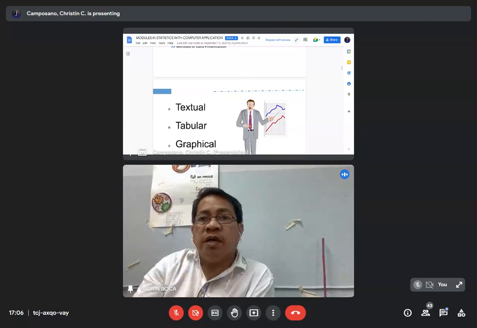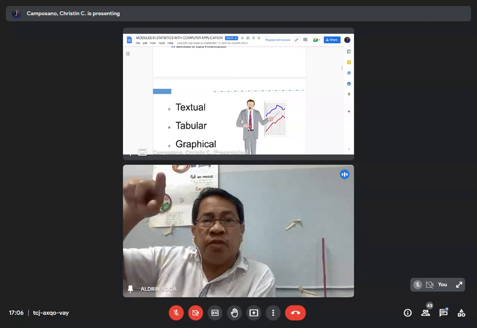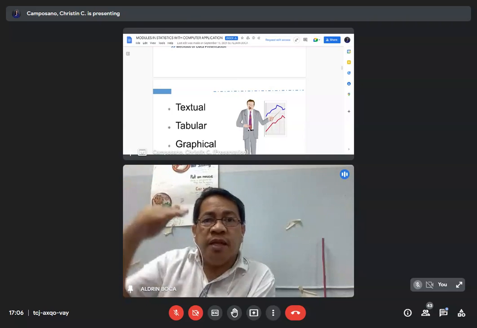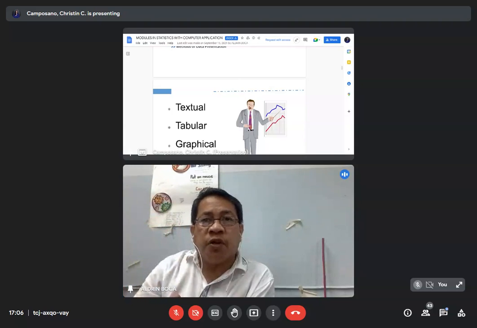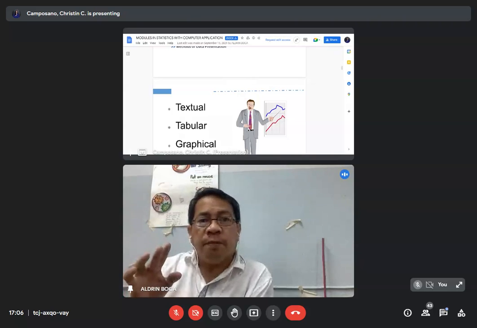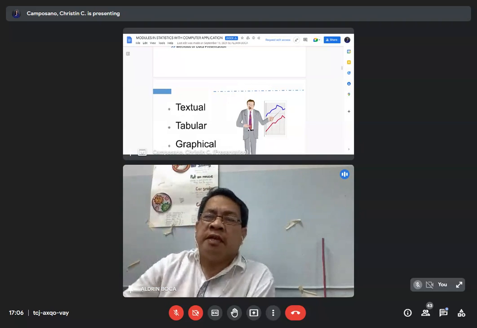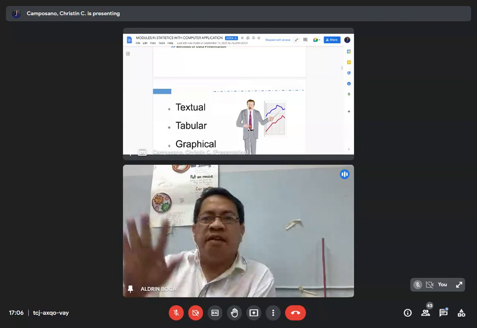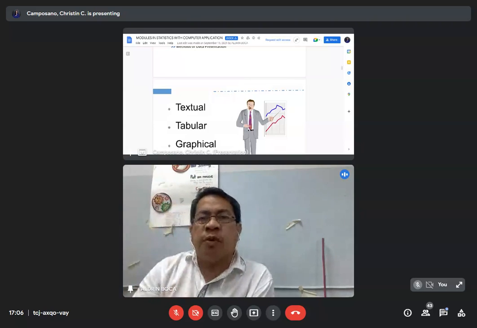Or graphical and textual. So yung graph mo, then under the graph, ite-text mo kung ano yung ibig sabihin ng graphs in your own understanding. Or, minsan may table na, may graph pa, tapos sa ilalim may textual presentation. You understand? So those are the methods of data collection and methods of data presentation.